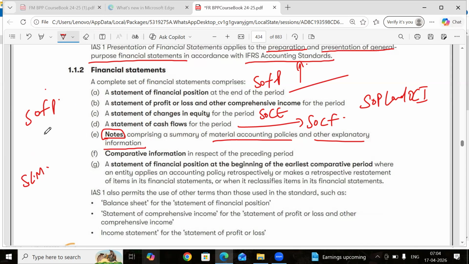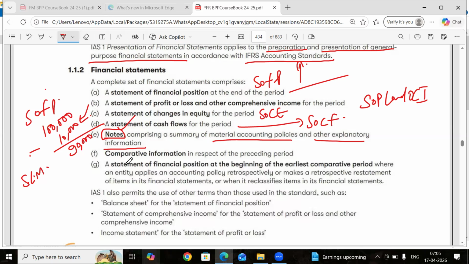I can only adjust the asset value, let's say 10% depreciation from the asset, and write it. But which method I'm using, I can't write on the face of the statement. So this extra information I have to give in the notes, the footnotes, which are prepared after all the statements are done.